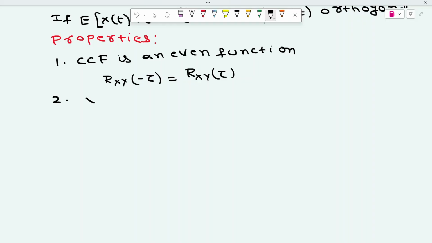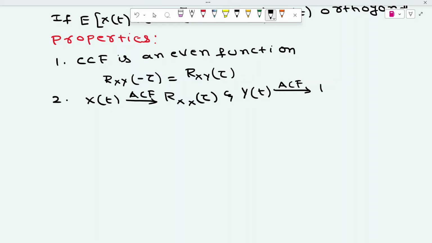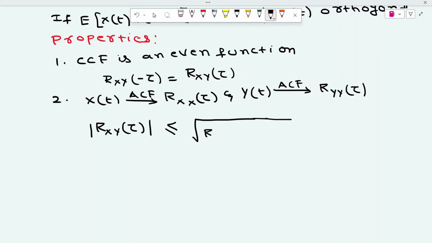Second one is if x of t has an autocorrelation function rxx of tau, and similarly y of t, another random process, has autocorrelation function ryy of tau, then the cross correlation function magnitude rxy of tau is always less than or equal to the product of the autocorrelation functions at tau equal to 0 of x and y.